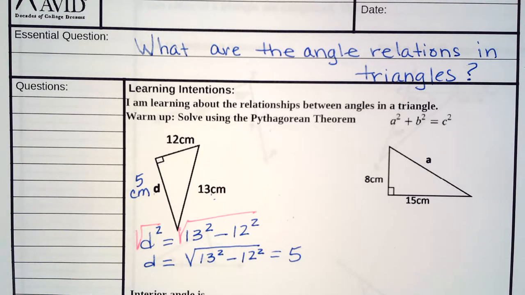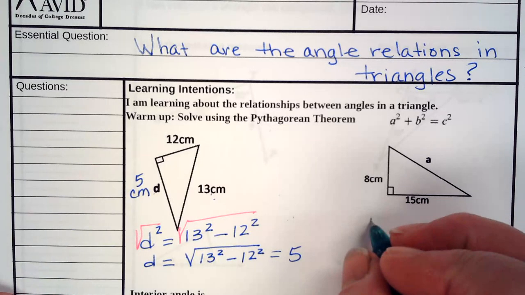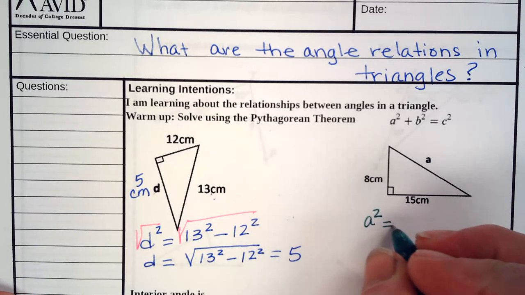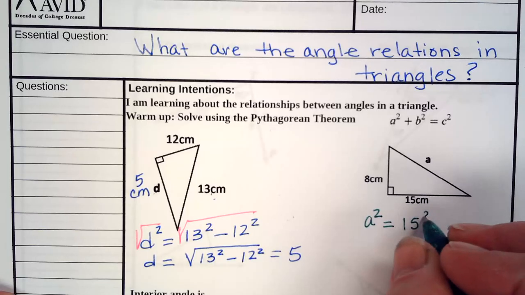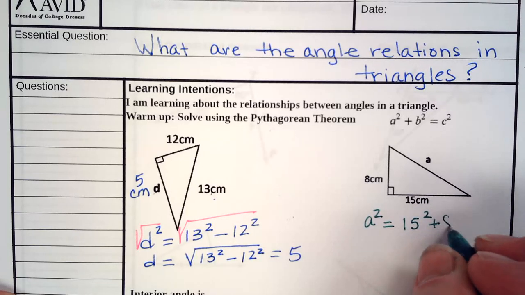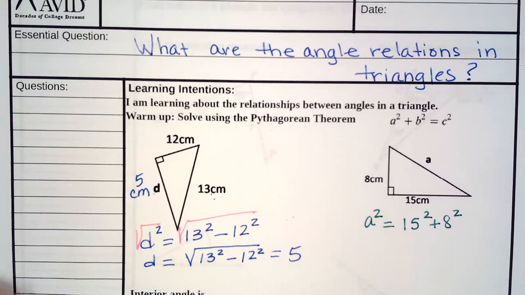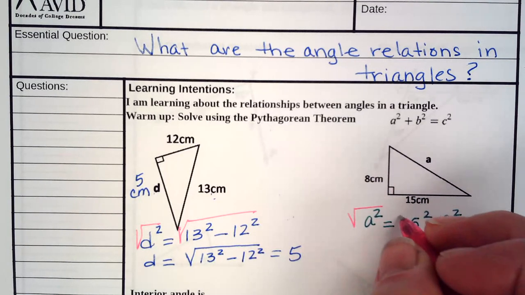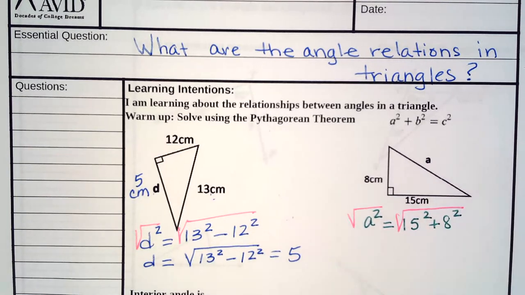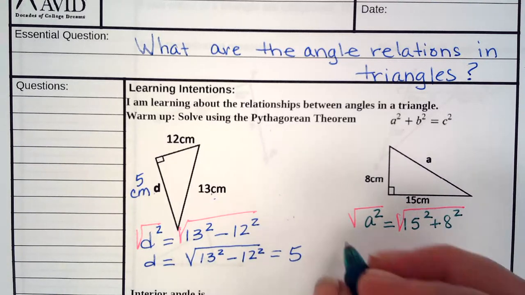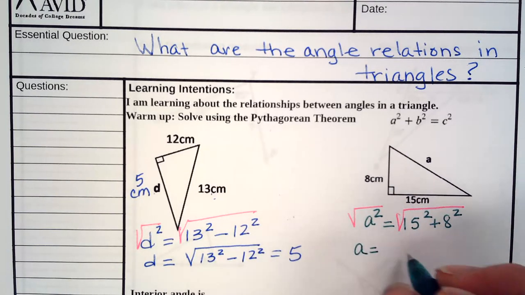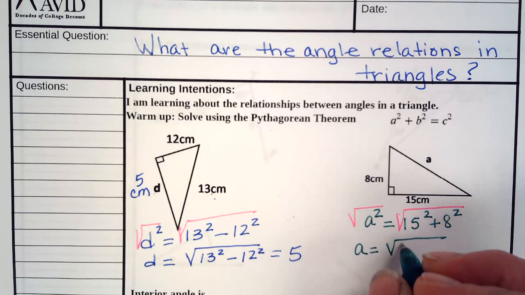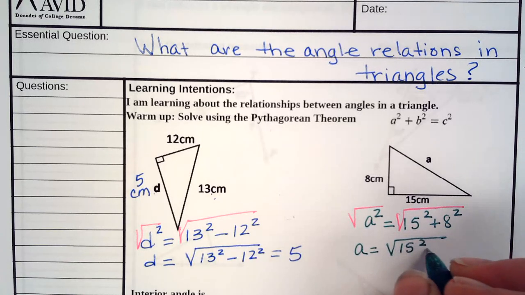So for the next one, we know that a squared is equal to 15 squared plus 8 squared. So when I square root both sides, A is equal to the square root of 15 squared plus 8 squared.